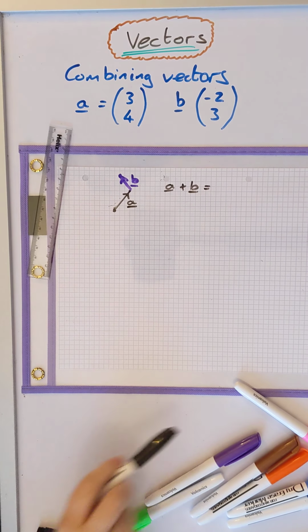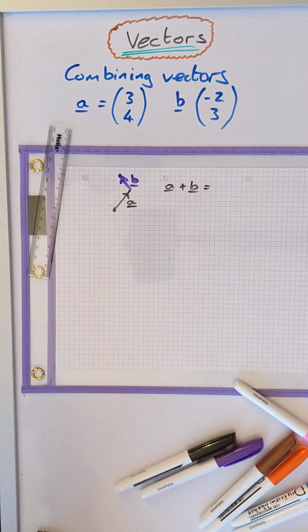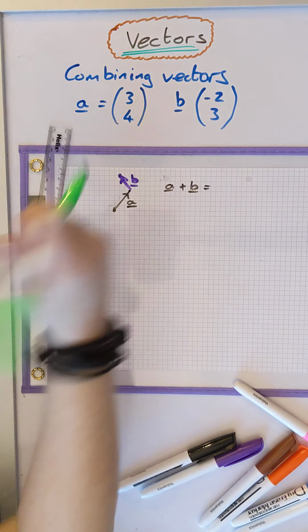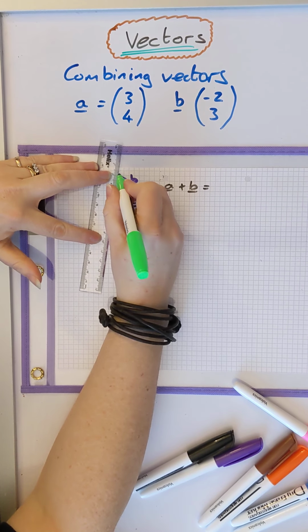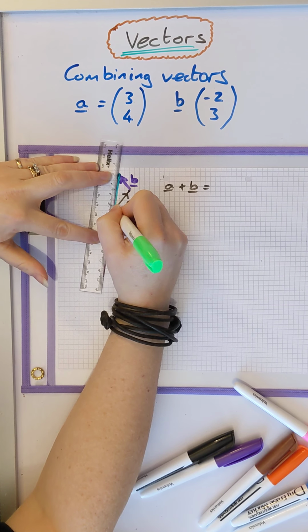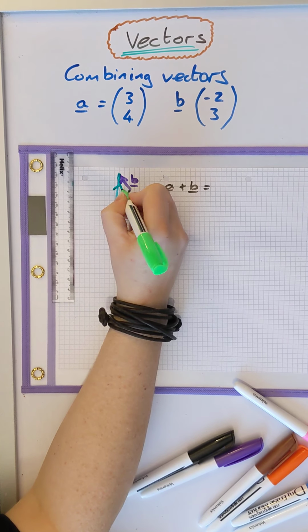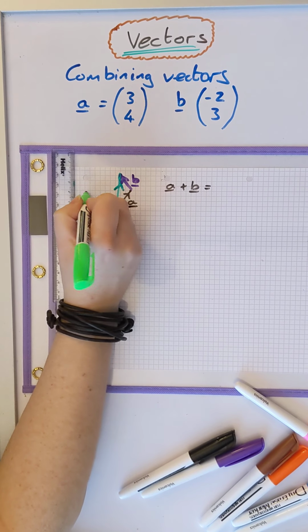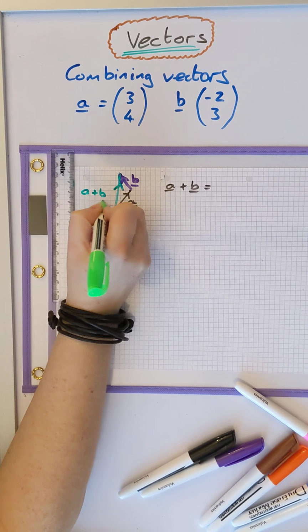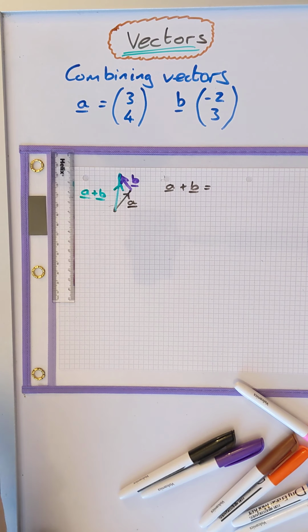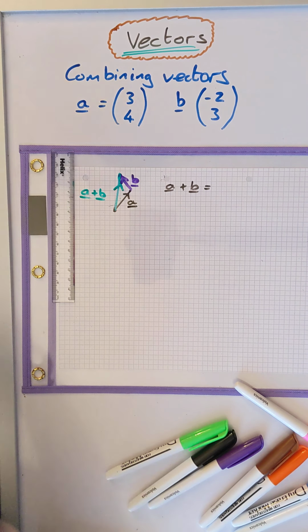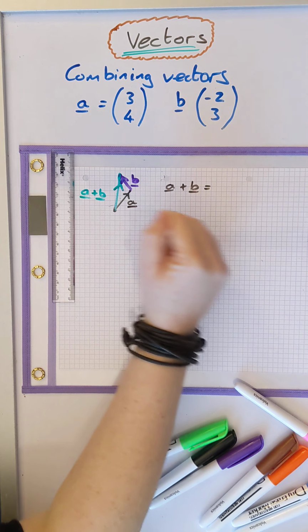And that will give us a third vector, which is the direct vector from our start point to our end point. And that is the vector A plus B. Now what is our vector A plus B?